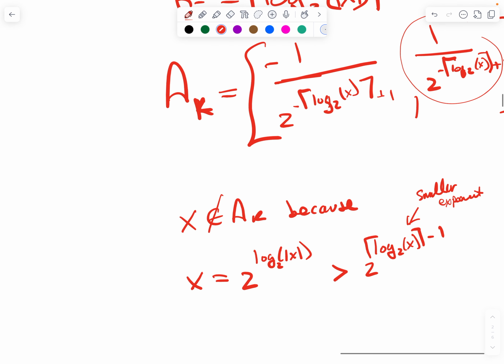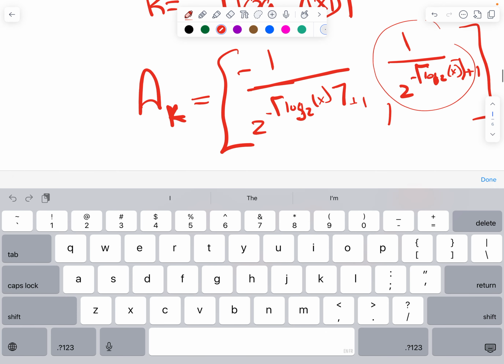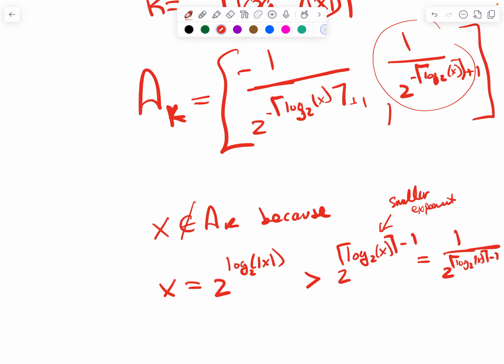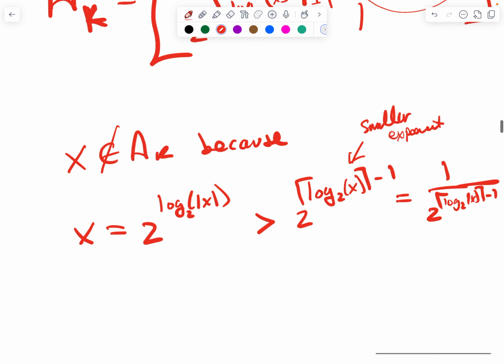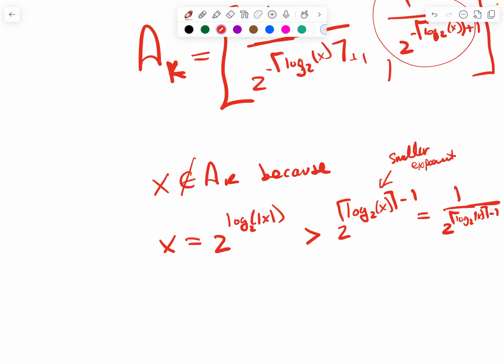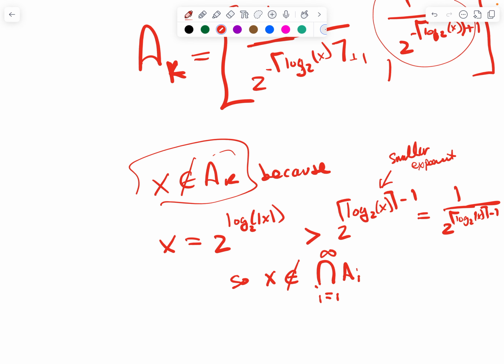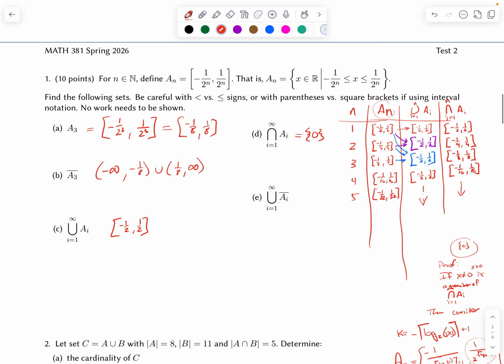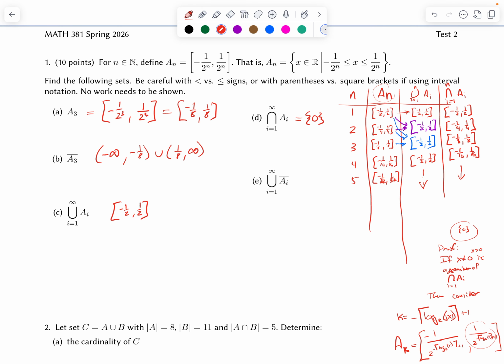So this equals 1 over 2 to the log 2 of x minus 1. Okay, I just did that on the fly. Sorry, it's probably not the most efficient way of doing this. In other words, x cannot be in the intersection. Since it's not in this one, it can't be in any of them. So that just proves that this is 0, and 0's in all of them. Hopefully you see that that's the case.